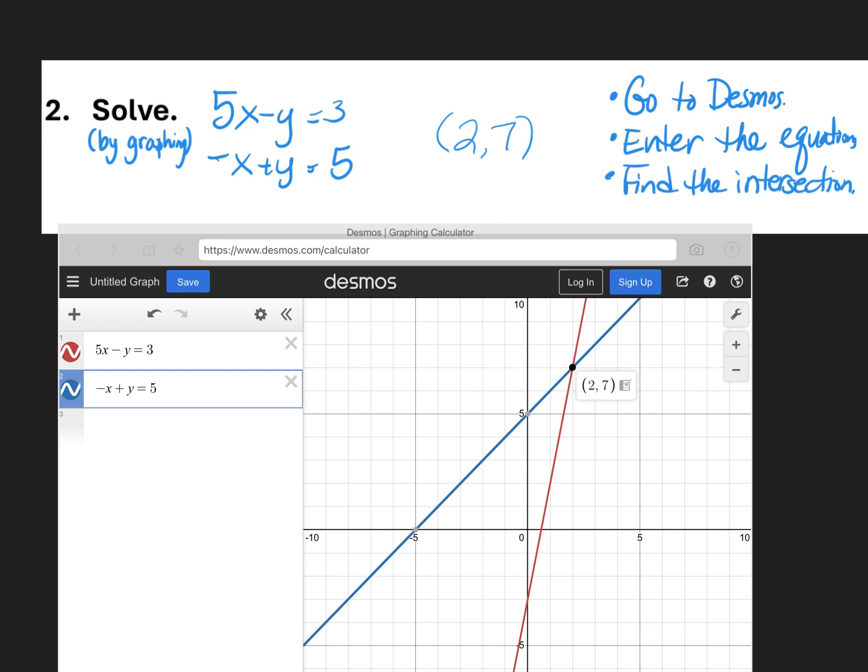If it says solve this system or solve two equations, then I would do exactly this. Go to Desmos, enter the equations, and find the intersection. Although I will be reviewing the other techniques, you do not have to when you're taking the SAT. All you have to do is find this point of intersection using Desmos.